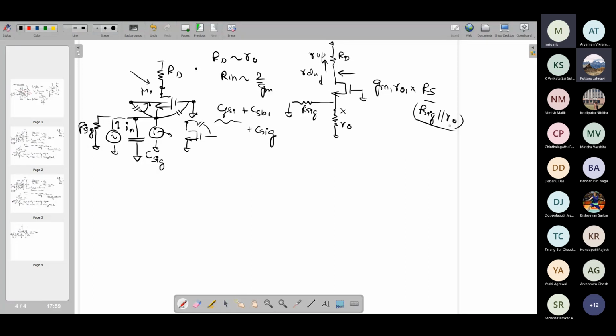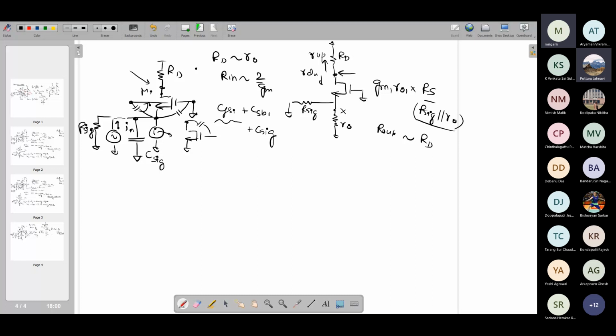If it is comparable to RO, then this figure becomes much larger than RD, especially if RD is the passive resistance, and then the output resistance will be simply equal to RD. So R out at the output node is simply equal to RD, provided this R down is much larger. And as I said, it depends upon R signal.